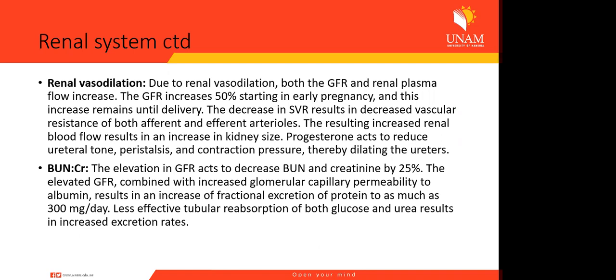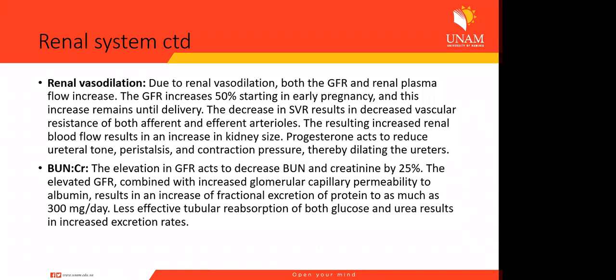ureters. The blood urea nitrogen and creatinine levels also decrease by as much as 25%. All right, the elevated GFR combined with increased glomerular capillary permeability to albumin results in an increase in fractional excretion of protein to as much as 300 milligrams per day.